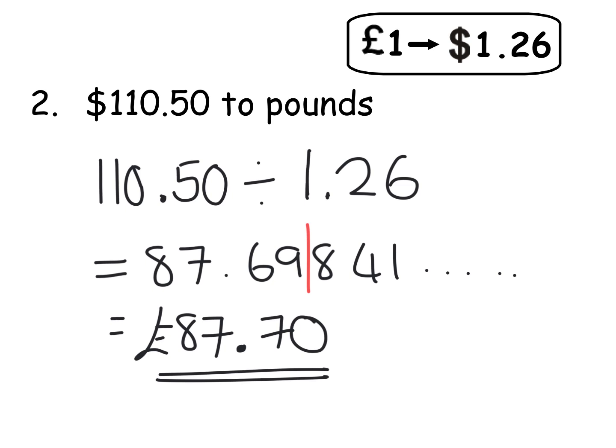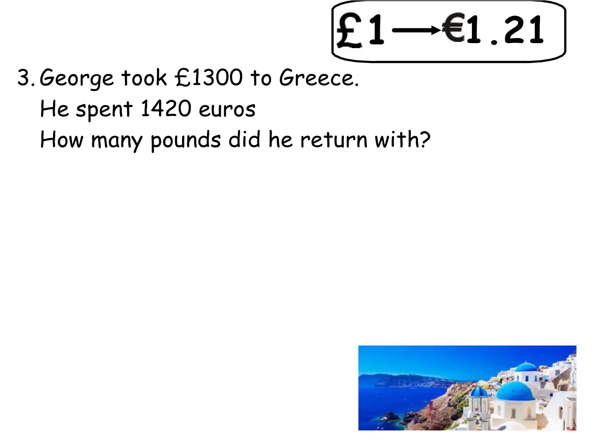So I can put a bit more problem solving into these questions now. Let's have a read of this question. George is going to Greece. He took £1,300 with him. He spent 1,420 euros. How many pounds did he return with? Now there's a long way to do this question and there's a short way. What we could do is turn our £1,300 into euros, then take off our euros, and then change it back to pounds.